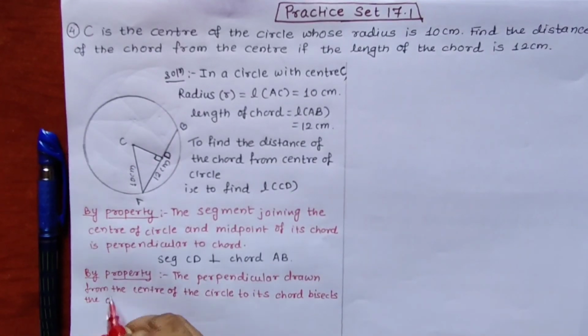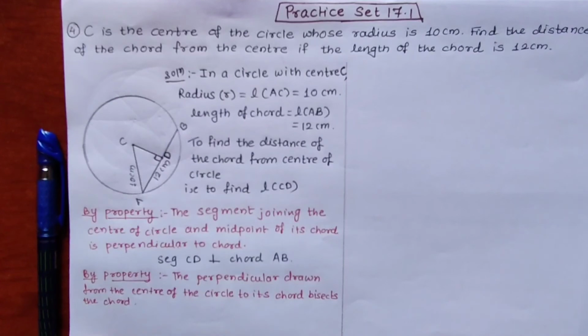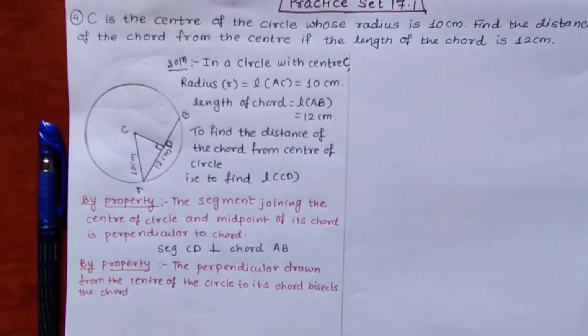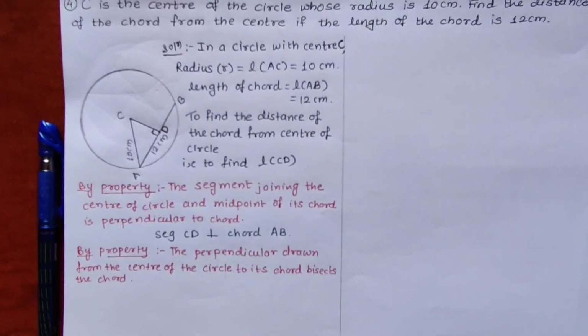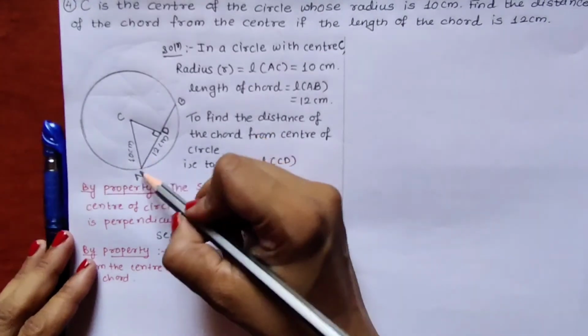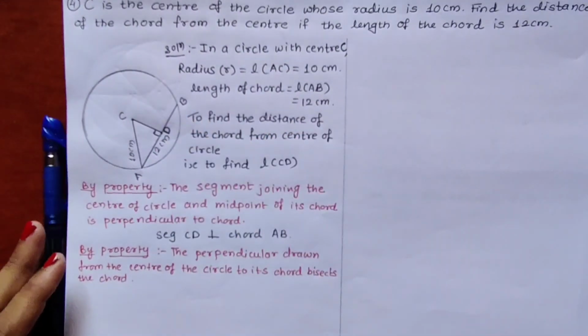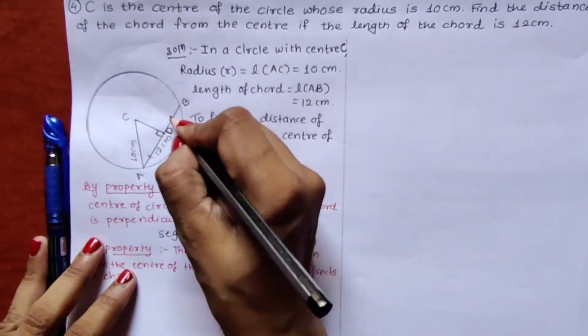Correct? Bisect means what? It makes two equal parts. So which two equal parts can we see here? We can see AD and BD. So AD is equal to BD.